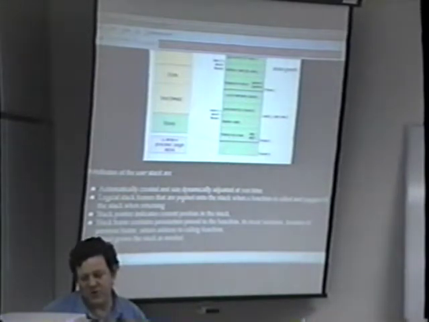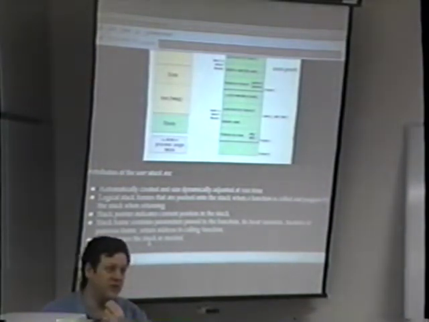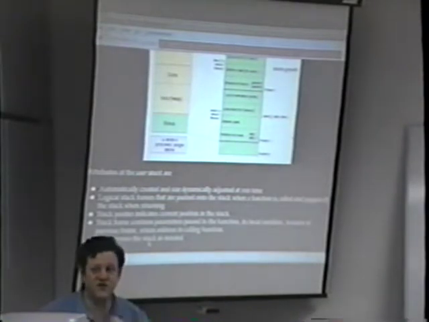Logical stack frames are pushed onto the stack when a function is called and popped off the stack when returning. The stack pointer indicates the current position in the stack. The stack frame then contains parameters passed to the function, local variables, things like that. And the kernel grows the stack as needed. There are a lot of tools that monitor the stack. For example, there's a program called ssrun.